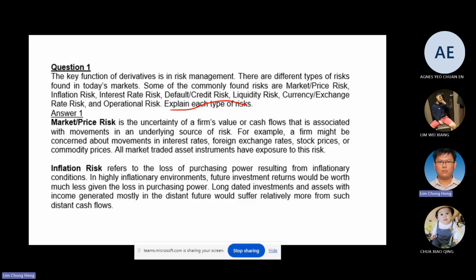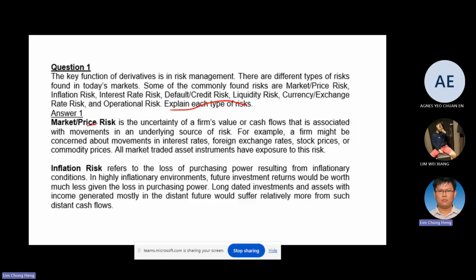Example, when we talk about market risk or price risk, in academic, our explanation is uncertainty of the company value or cash flow due to a certain risk. Example, company value may be affected due to the interest rate, or due to capital outflow.